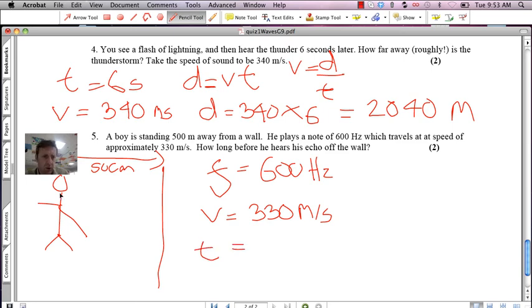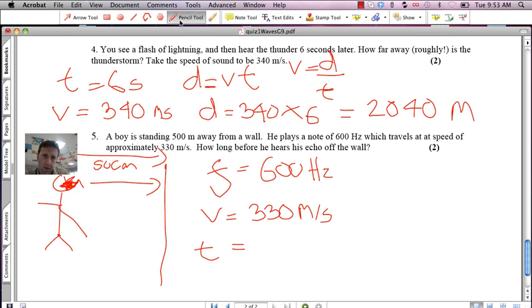So the echo is going to go from his mouth, making a noise. It's going to have to travel all the way to here. It's an echo, so it'll bounce back.